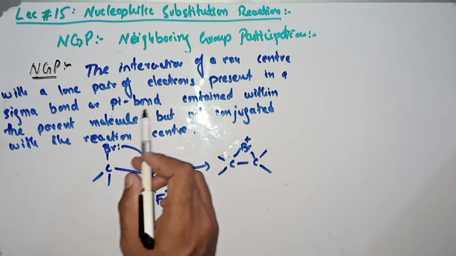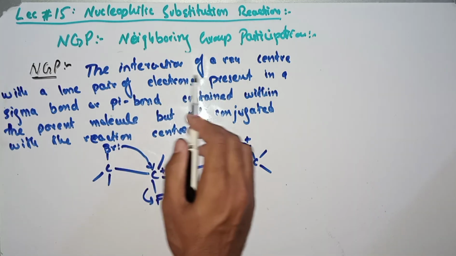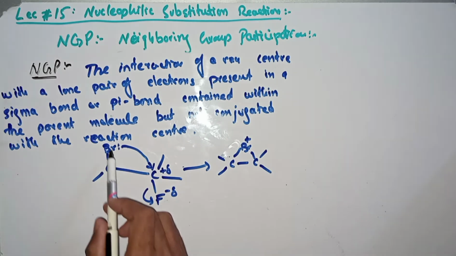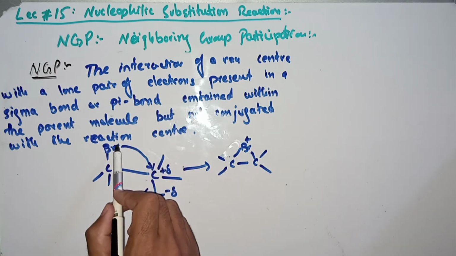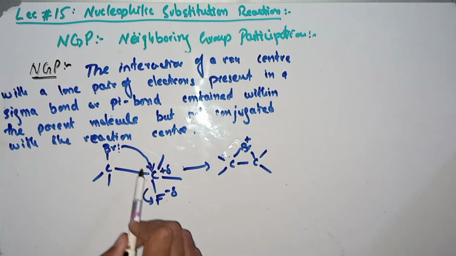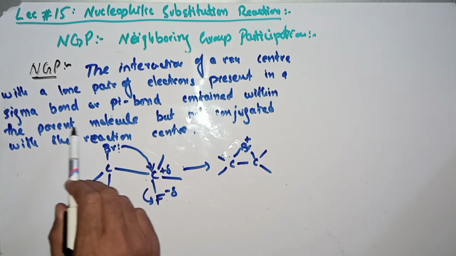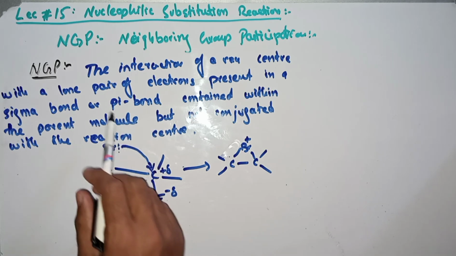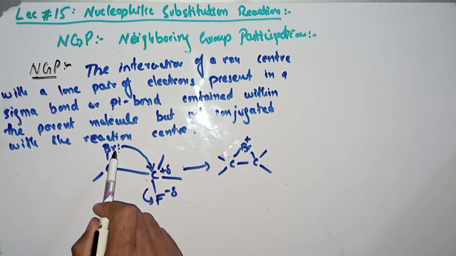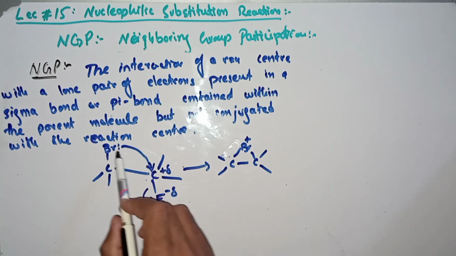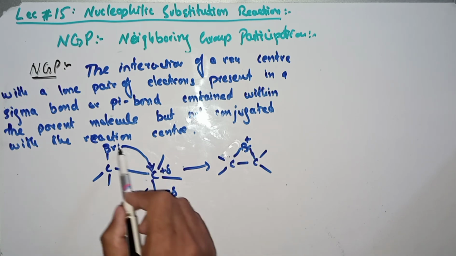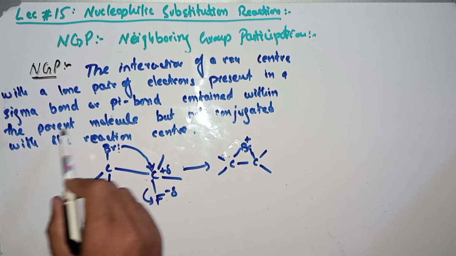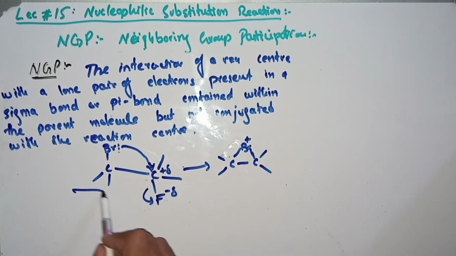So according to the definition, the interaction of a reaction center, yes this is the reaction center, with a lone pair of electrons, this is the lone pair interaction present in a sigma bond or a pi bond. The lone pair of electrons interacts and produces a sigma bond, the sigma bond generated by this lone pair, within the parent molecule but not conjugated with the reaction center.